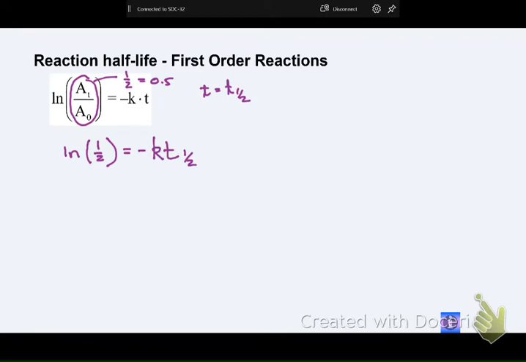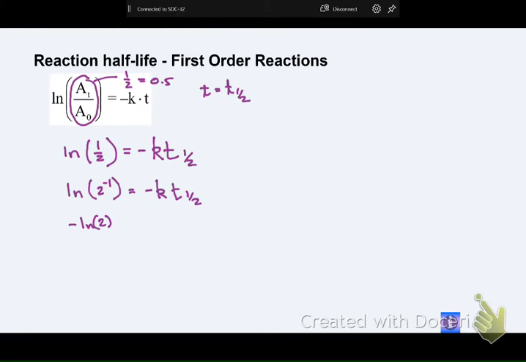I'm going to simplify this equation one more time, though. I can also write natural log of 2 to the minus 1, because that's equal to a half, is equal to minus kt 1/2. And this is minus natural log of 2, using one of those log functions, right?